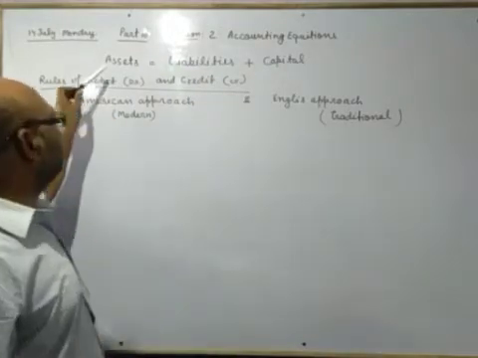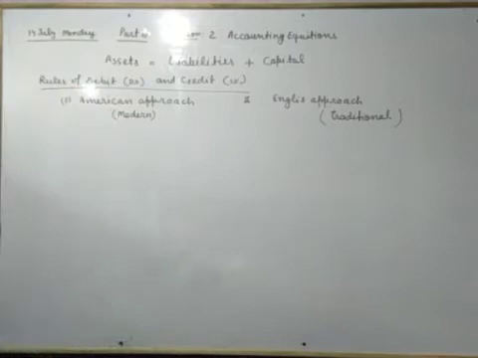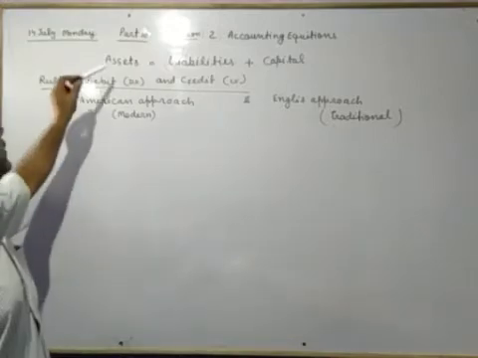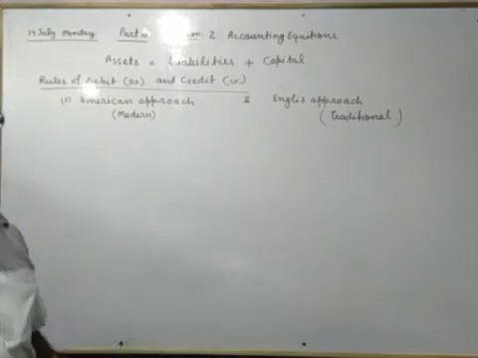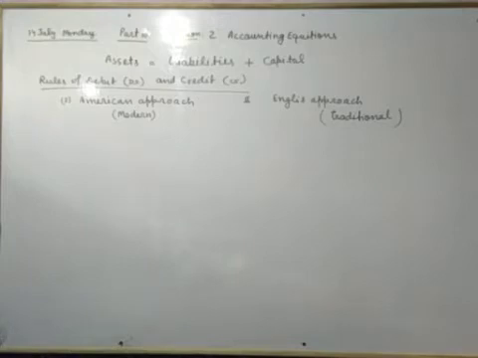So assets, already you know: land, building, plant, machinery, furniture, fixtures, whatever property you purchase for the business purpose, or either cash in hand or stock or goods you have for resale, all these are called the assets. Assets are the physical form. You can see and touch all the assets.